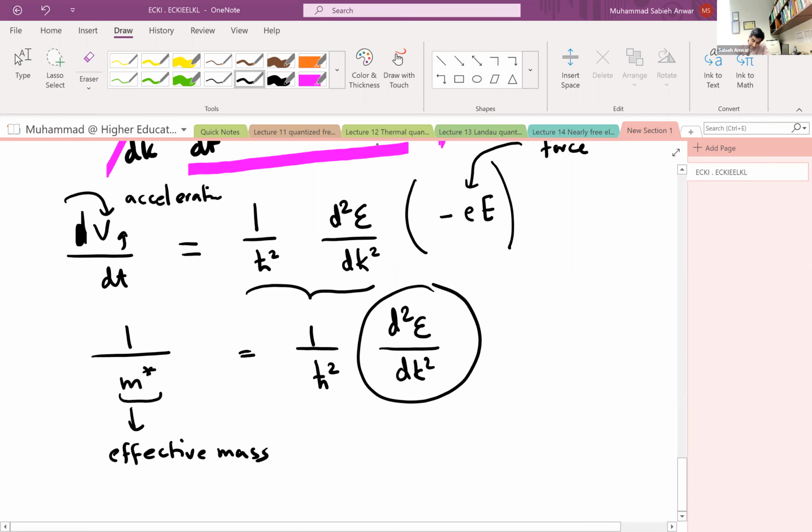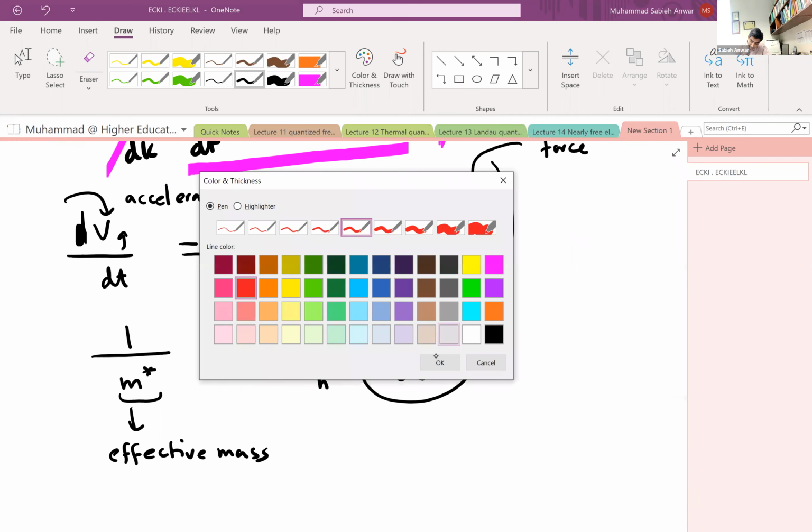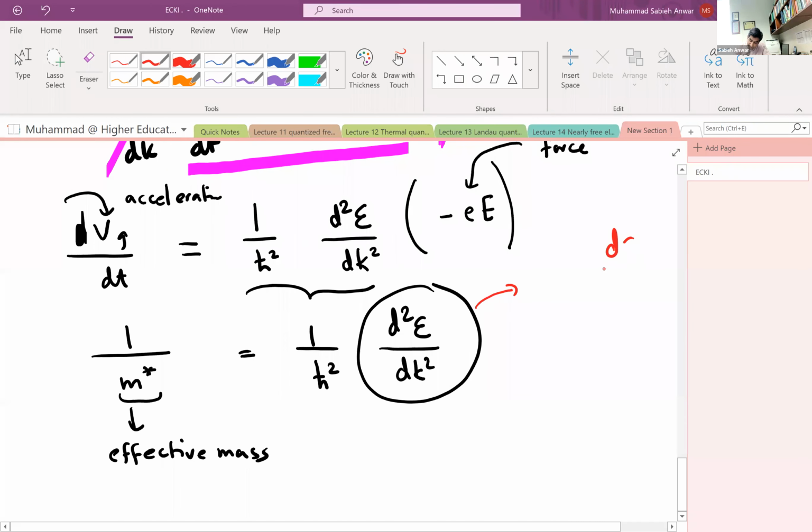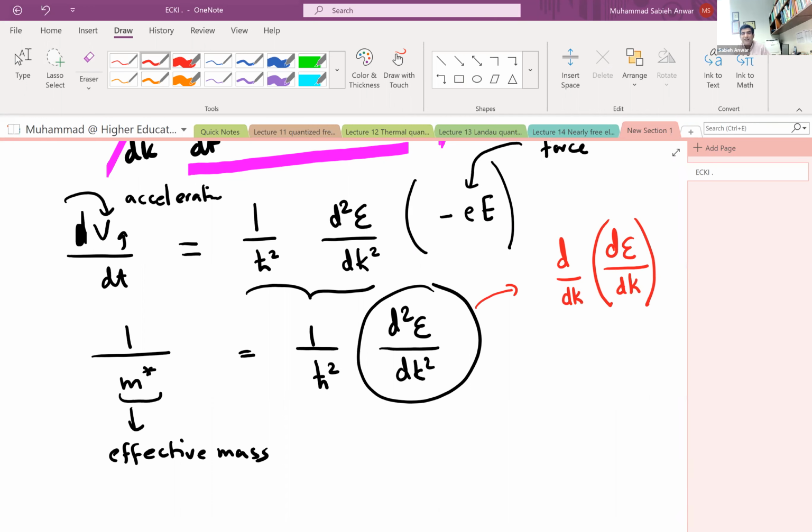This object here is the dispersion relationship, the slope of the dispersion relationship computed twice. I'm going to see what this means graphically. So now we have the concept of an effective mass. We're going to see what it means really. What physical interpretation do we assign to this effective mass? But there's an effective mass for the electrons inside a periodic potential.